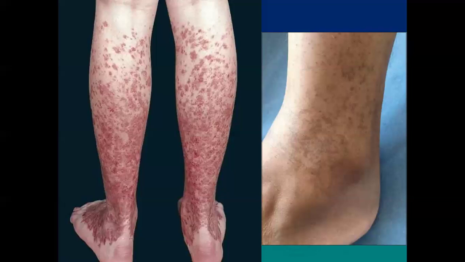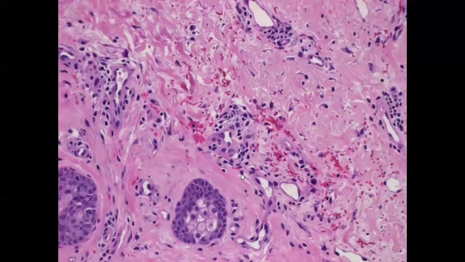This is because of hypostatic circulation and is made worse by prolonged standing or sitting. On histopathology, you will find multiple RBC extravasation in the dermis, but there will be no element of vasculitis.